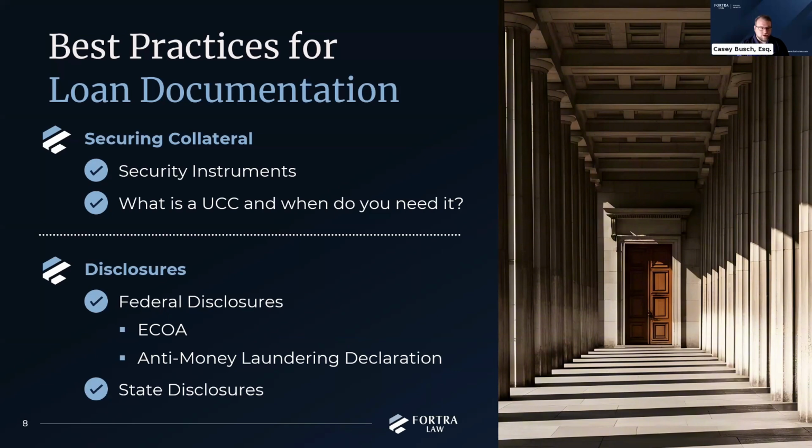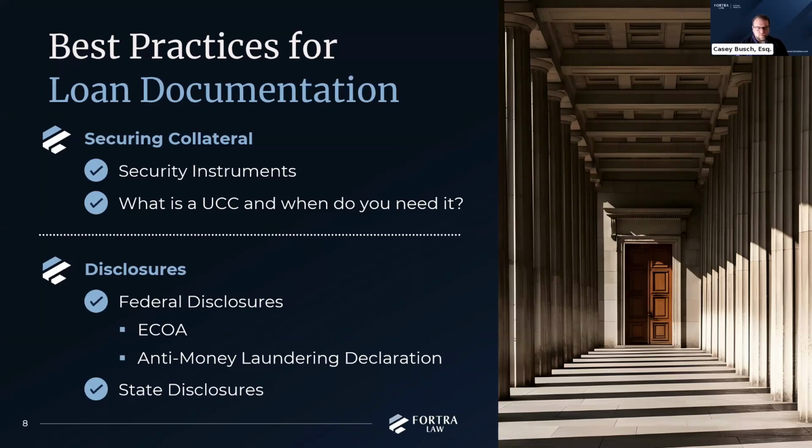Make sure your document set has that. But there's a question we get asked a lot, and that's, can I just file or record a UCC on the property? And that's not usually going to be enough for the real property. So a UCC, when we talk about that in this context, is a UCC1 form.